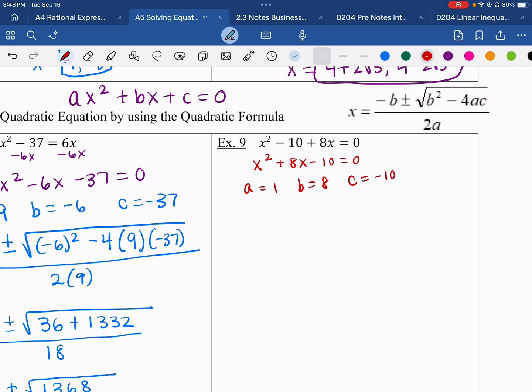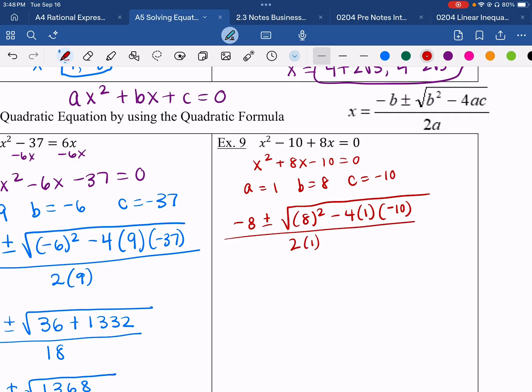Negative b, change the sign of the b, -8 plus or minus square root b squared, 8 squared minus 4 times a, which is 1, times c, which is -10, all over 2 times a, which is 1. -8 plus or minus square root, I get 64 plus 40 all over 2. 64 plus 40 is 104. -8 plus or minus square root 104 over 2.